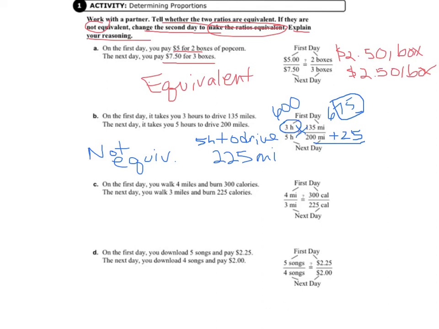So I'm going to use the cross products method to see if this is equivalent. 3 miles times 300 calories is 900, and 225 times 4 is 900. So these two are equivalent.